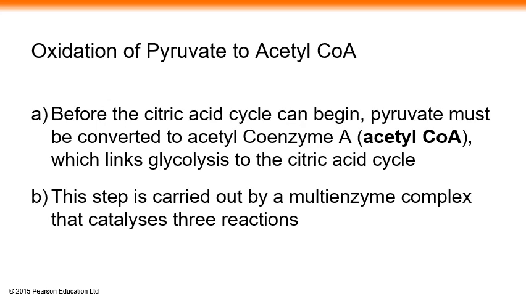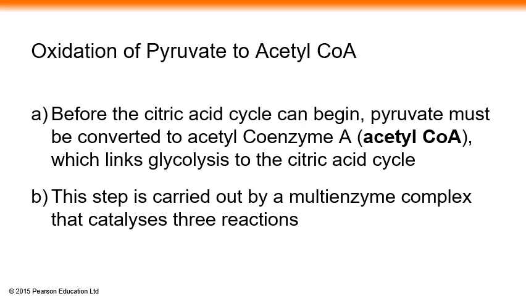Before the citric acid cycle can begin, pyruvate must be converted to acetyl coenzyme A, which links glycolysis to the citric acid cycle.